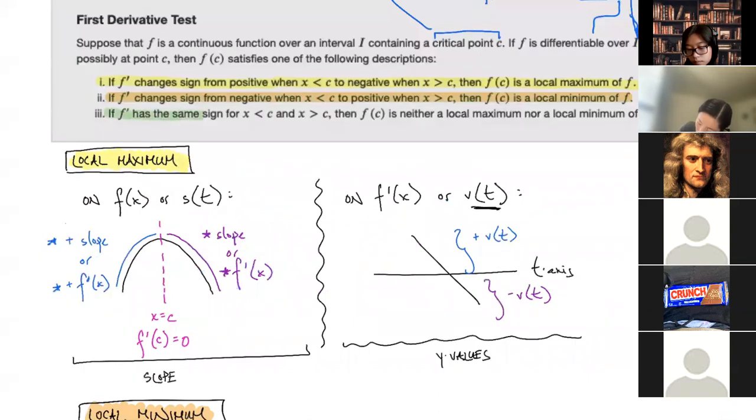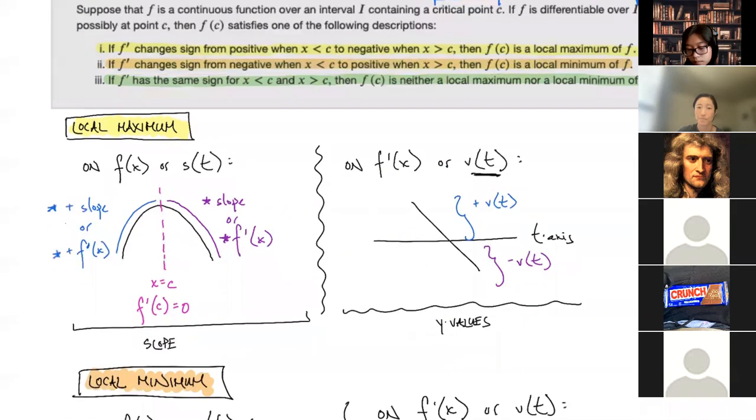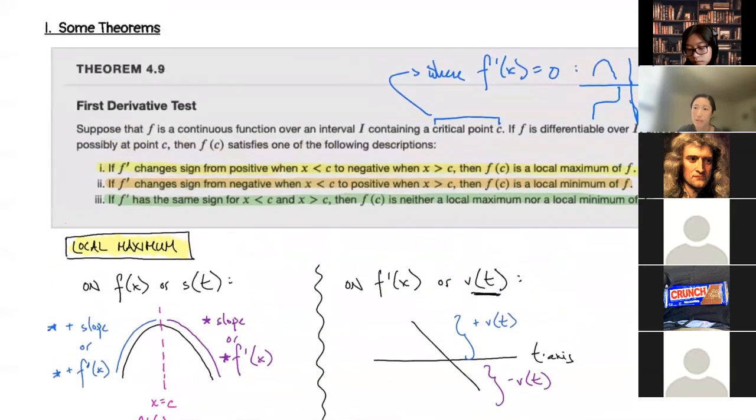If f prime has the same sign, then it's not a local min and it's not a local max, right? So if you have the same sign, it just happens to flatten out a little bit, you're going to end up with one of these two cases here.